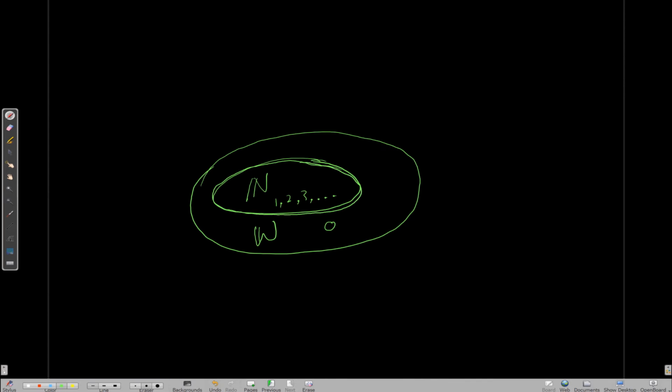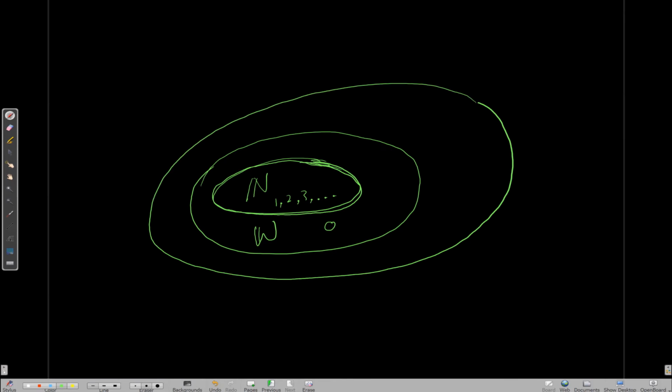But on the other hand, let me see what is the next number in the next set of numbers, integers. So integers right here. What are the things that I must include in between these two? Let me use different colors.